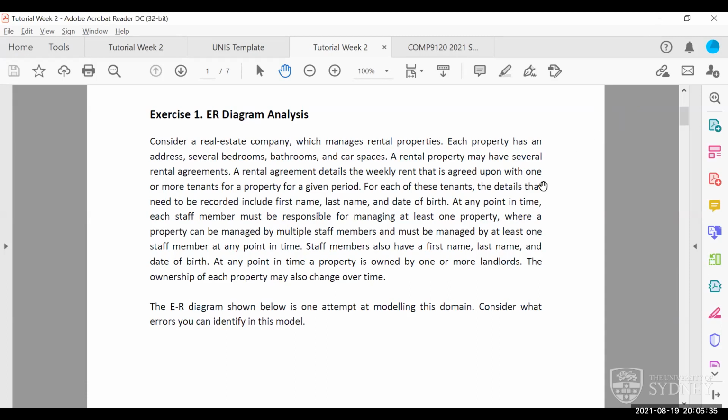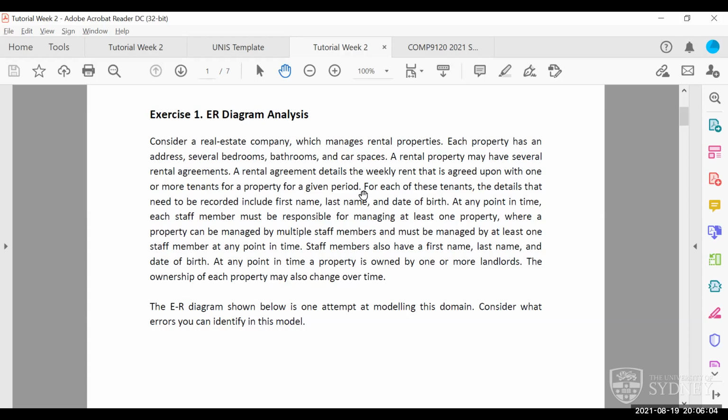All right, so let's go back to the tutorial again. Today we will be learning entity relationship diagrams. The first exercise is to analyze an ER diagram that is provided to us, and based on the story given to us, we will need to identify mistakes or errors in the ER diagram.